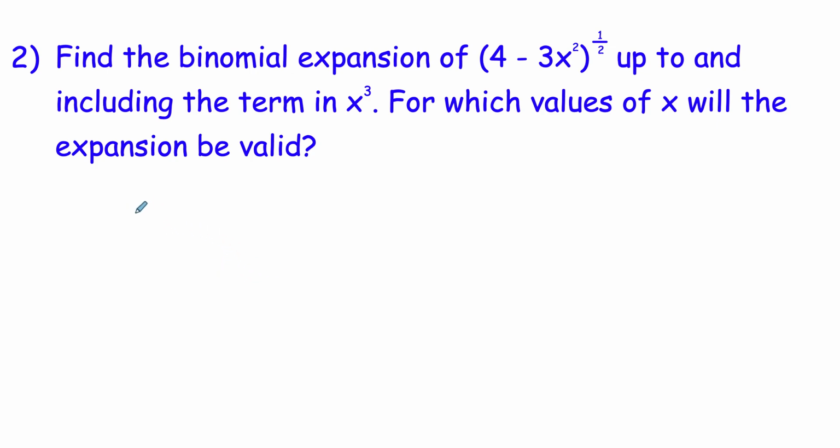So if we apply the same kind of method to the previous question, we're going to take the 4 out and have 1 minus, this time it's going to be 3x squared over 4. And all of that's being raised to the power of a half, which means we can apply the half to the 4 and then to the bracket.